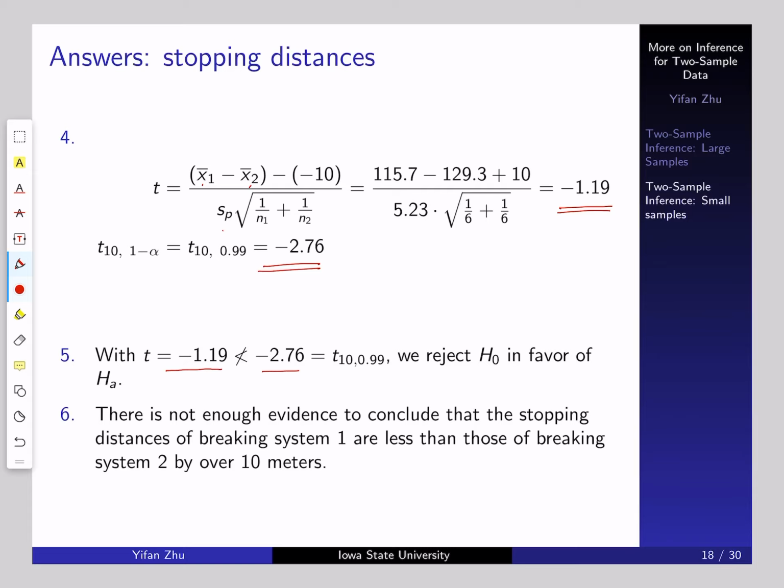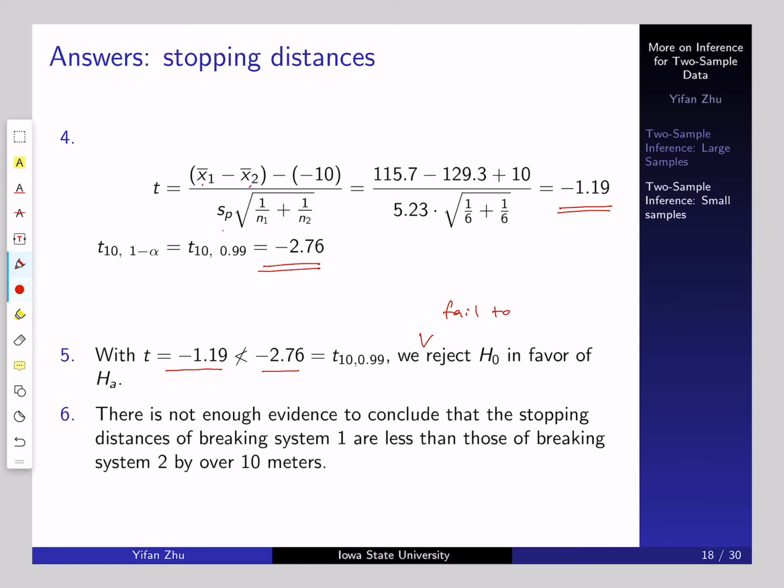And we fail to reject H0 in favor of HA. So we should fail to reject H0. There is a mistake.